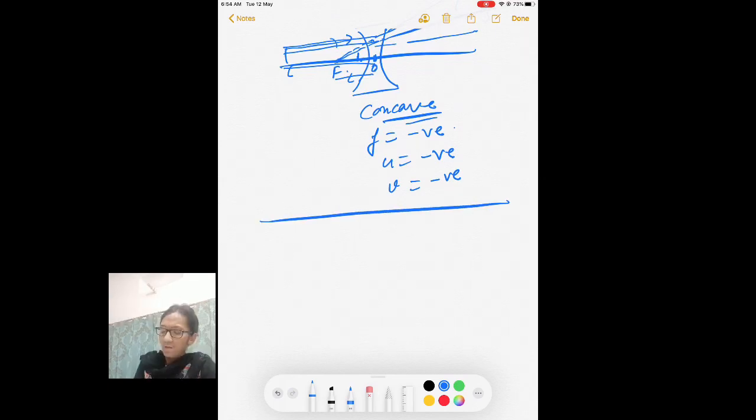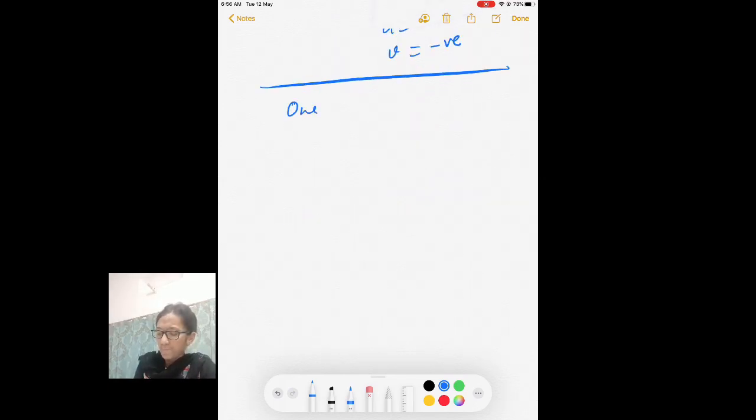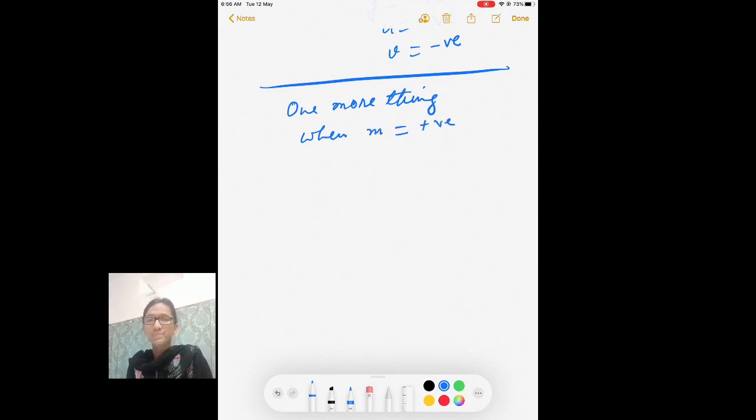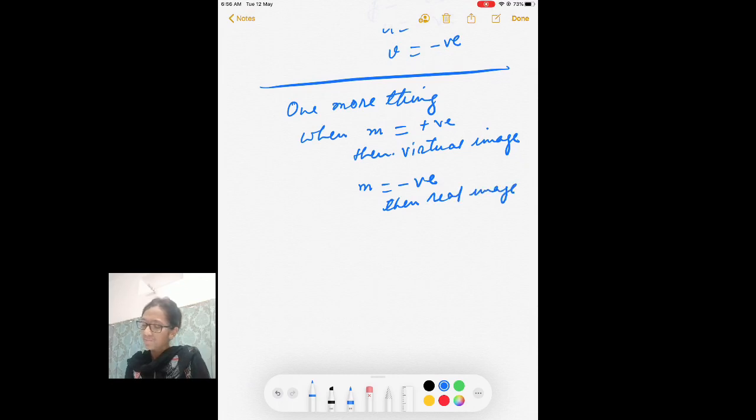Now let us do one more thing. When you get magnification positive, then virtual image. But if magnification here comes negative, then real image. And real image means inverted image.